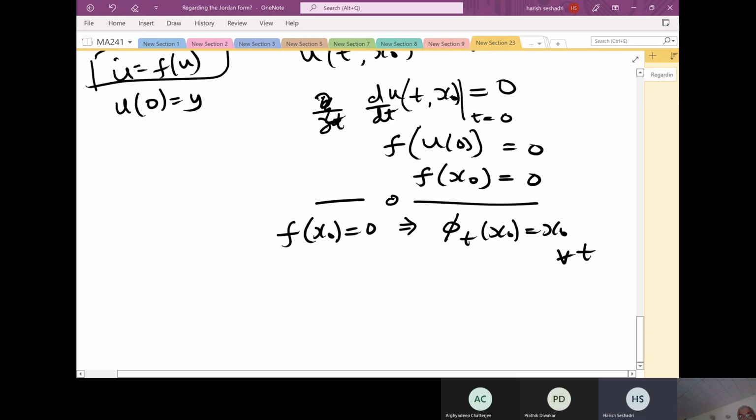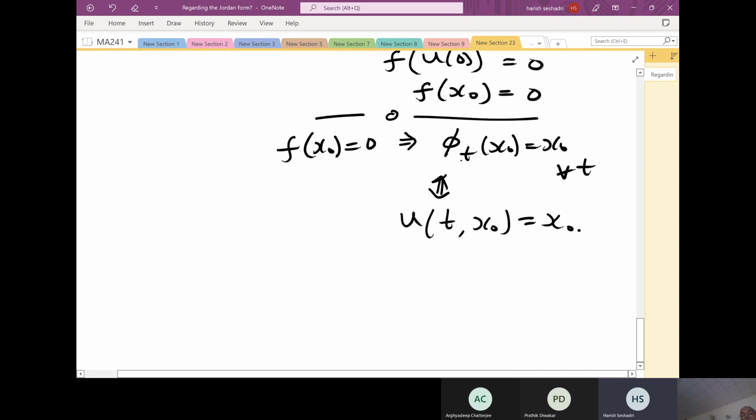I think I already told you this in a different form. Again, it's a matter of what is phi_t x naught. We can use uniqueness of solution. This is just a simple consequence of the uniqueness of solution.